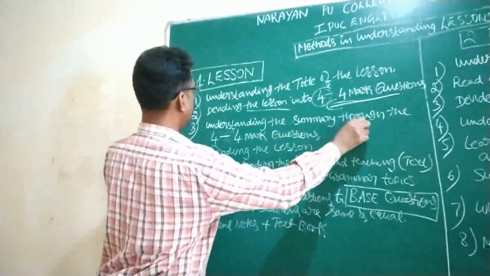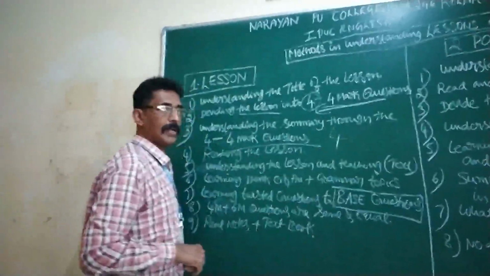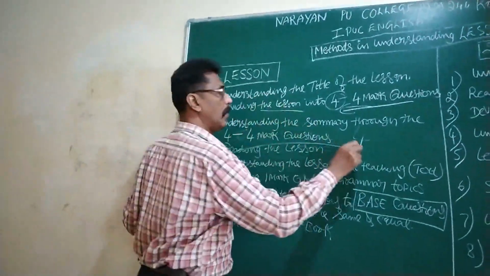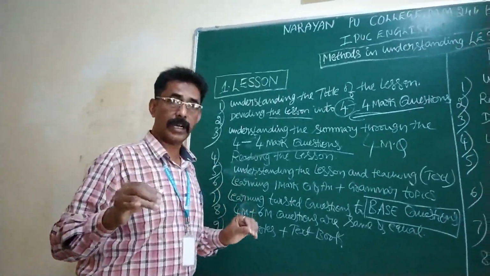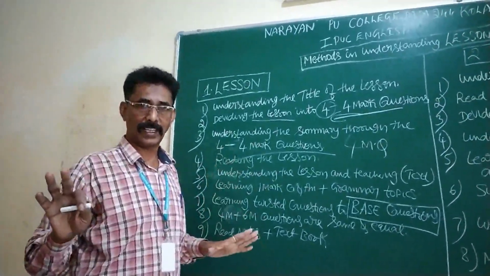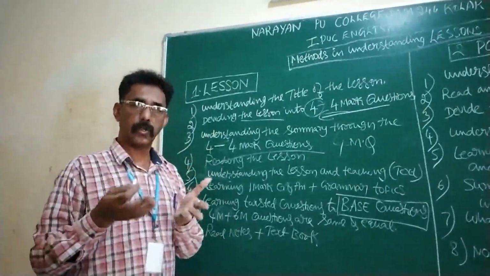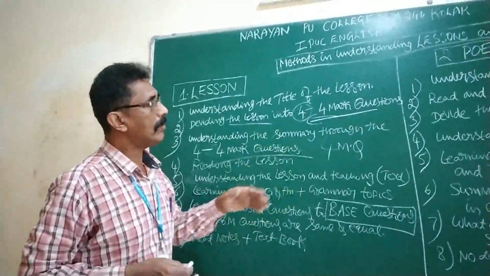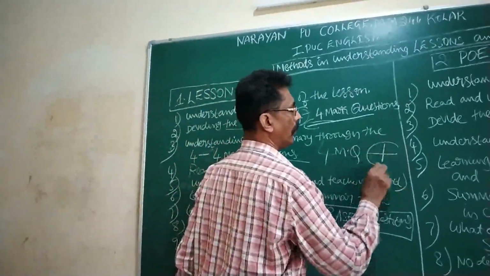Understanding the summary through the 4-mark questions. With the help of these 4-mark questions, we will give the summary. The summary of the lesson should be explained by us with the help of 4-mark questions, dividing the lesson into 4 parts.